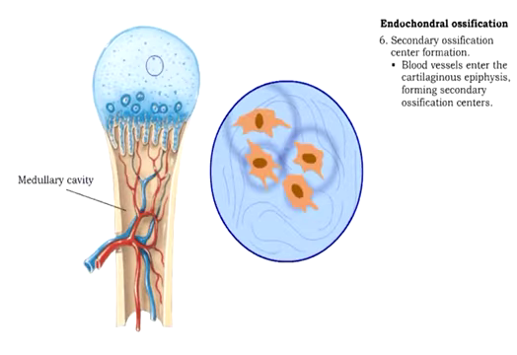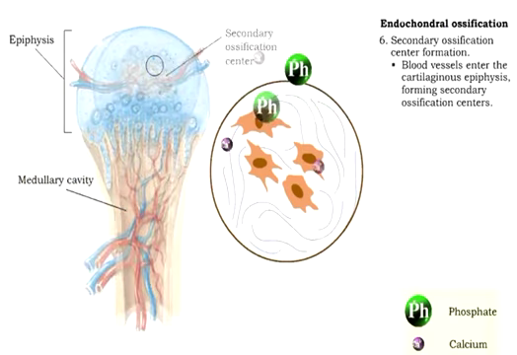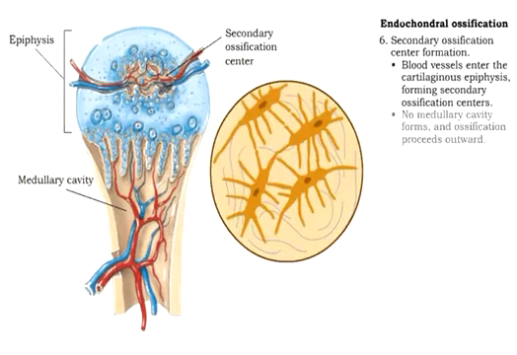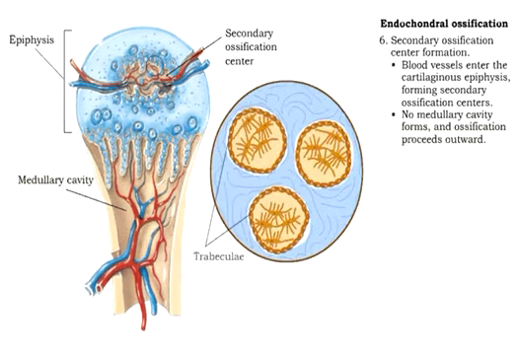Around the time of birth, blood vessels enter the epiphyses, the ends of a bone, forming secondary ossification centers. Secondary ossification differs in that no medullary cavity forms, and ossification proceeds outward.